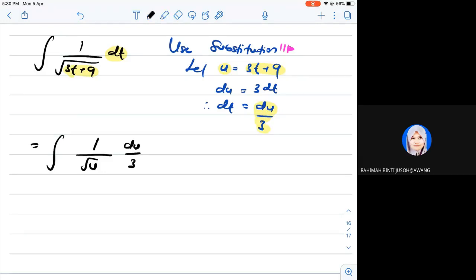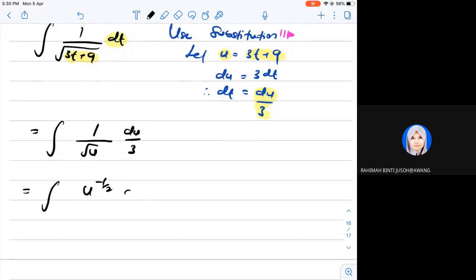So du over 3 like that. Okay, so now to make it easier, integrate u to the power of negative half, because square root of u is power 1 over 2. The 1 over 3 you can take out, so it becomes 1 over 3 here.